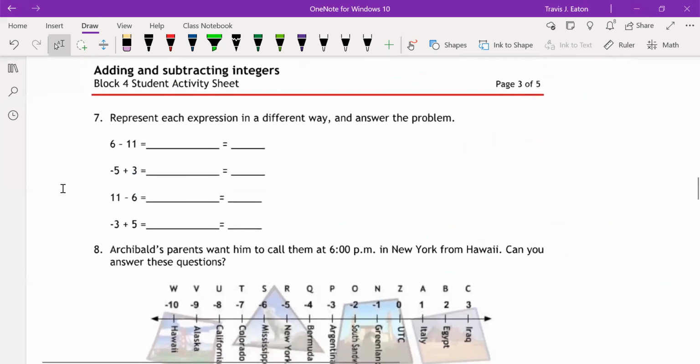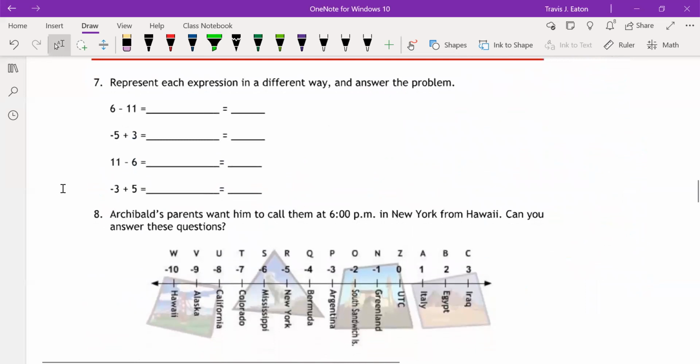Okay, well, that brings us down to number 7. It says to represent each expression in a different way and then answer the problem. Well, like I said before, subtraction is not commutative, so I can't just reverse the order of 6 minus 11. But what I can do is rewrite it as adding the opposite, right?